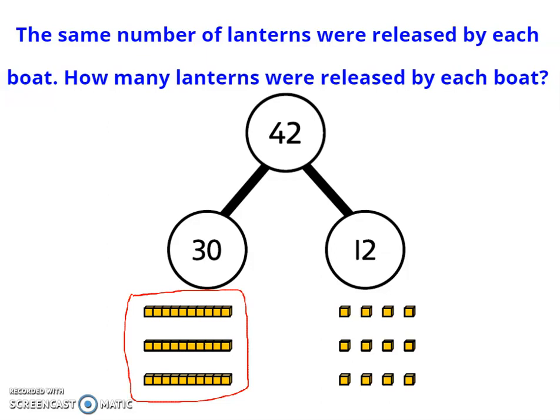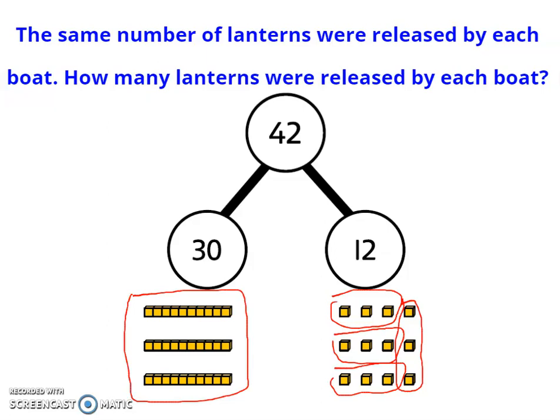So with my 10s, I was making groups of 3, and with my 1s, I'm going to do exactly the same. I'm going to be making groups of 3. So how many groups of 3 can I make out of 12? So here we can see that I've got 4 groups of 3.